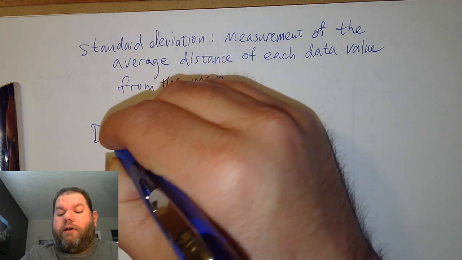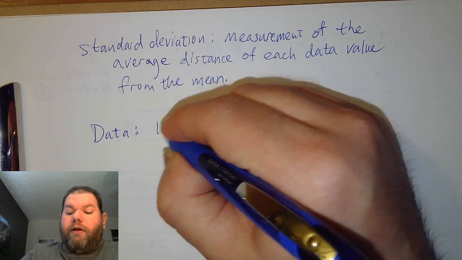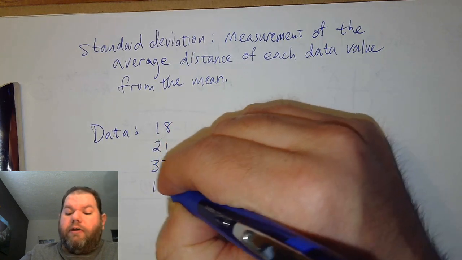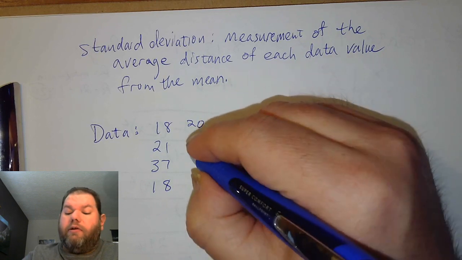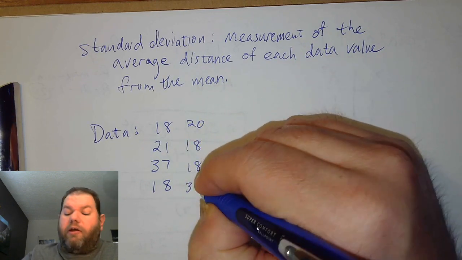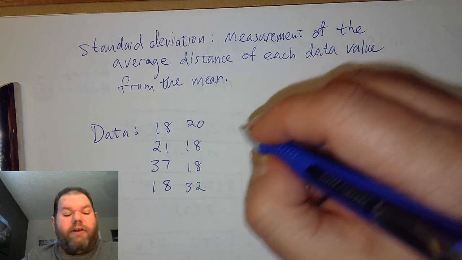So here's our data. So we have 18, 21, 37, 18. And again, this will be closer to what you see on your exam. Something like this where it's 20 to 25 data values.